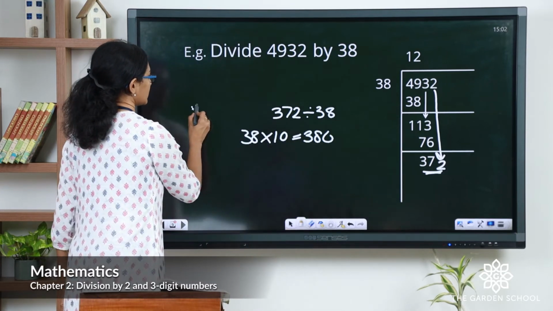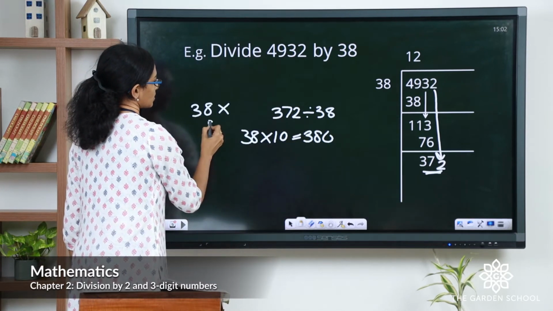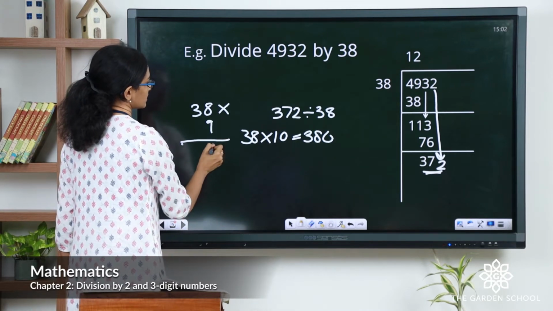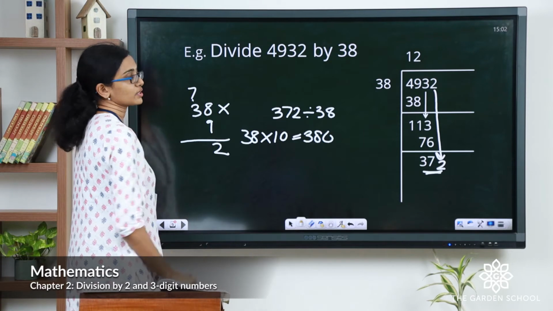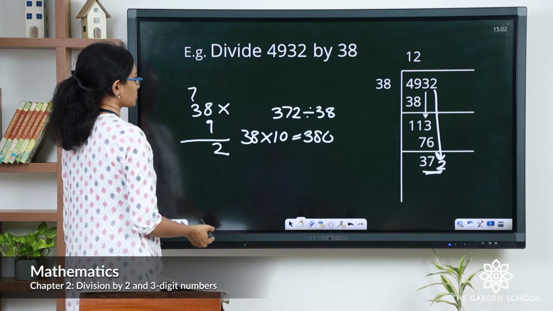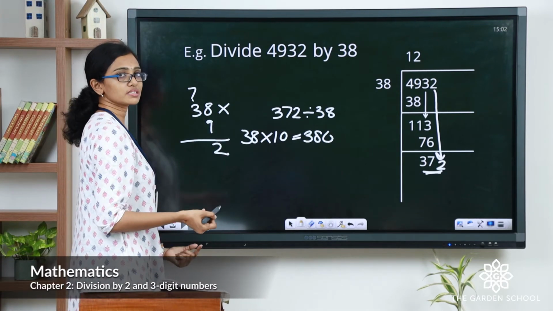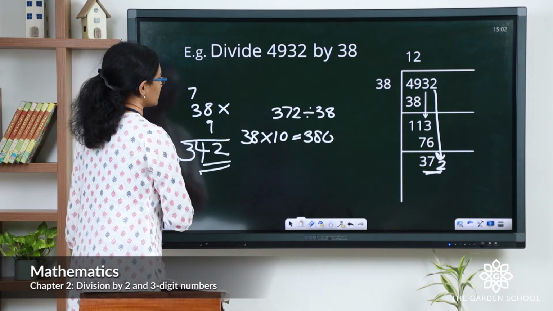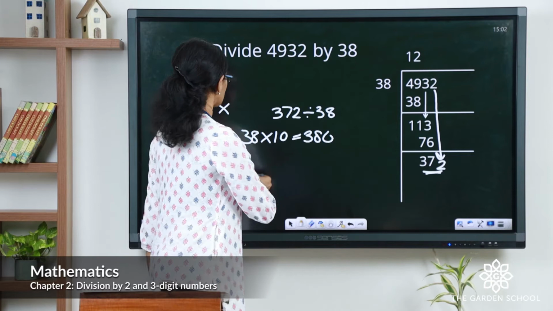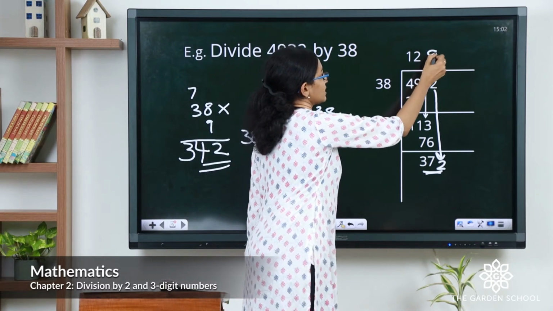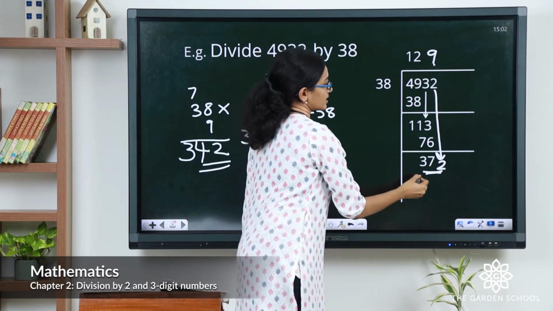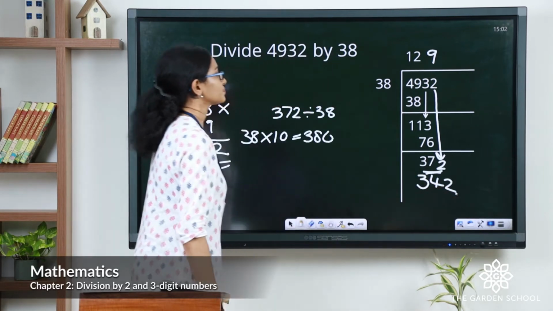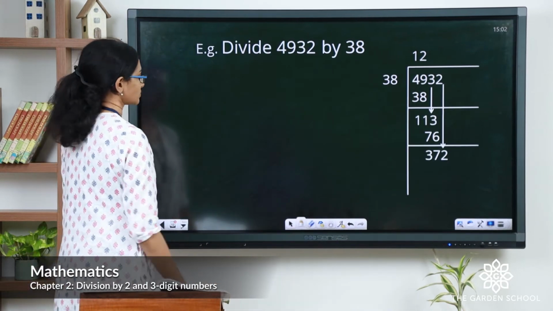Let's see if 9 38s will go in 372. 9 into 8 is 72, carry over 7. 9 into 3 is 27. 27 plus 7 is 34. So, we have 342. So, let's take that 9. Now, 9 into 38 is 342.